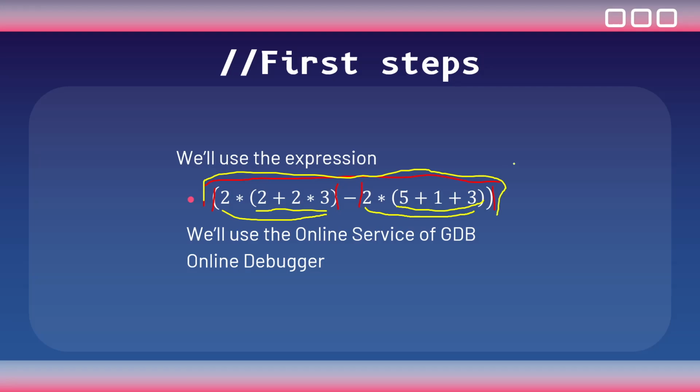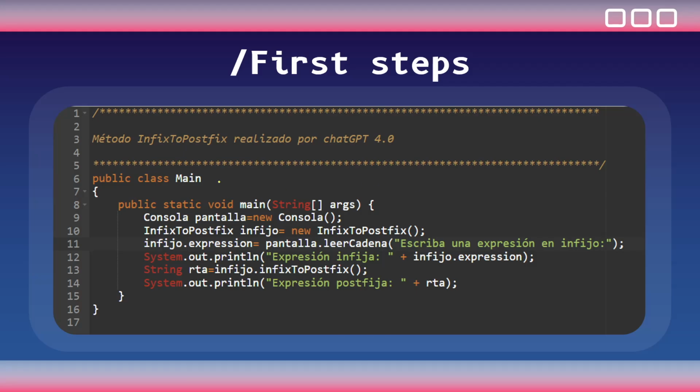For this video, we'll use the online server of GDB Online Debugger. We'll use this online tool to review, operate, and see all the code. So first, we have the main class. The main class will execute all the code and will enter the expression here, and this code will return the result.